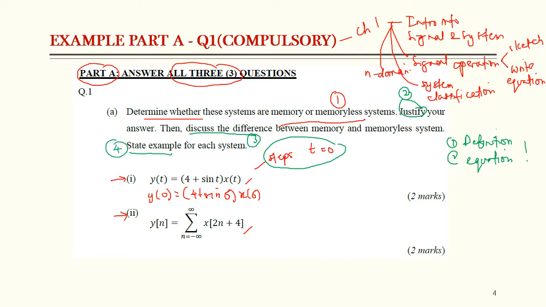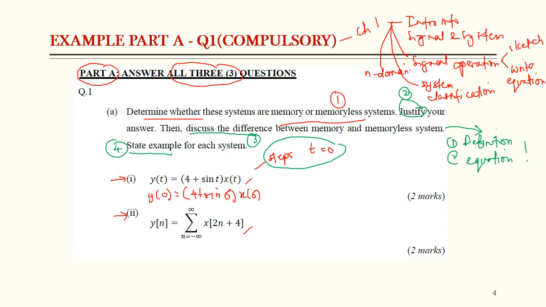So that's why you need to know the definitions. If you need to do a comparison, it is better to compare them in a table, or you can just write a statement and state an example.